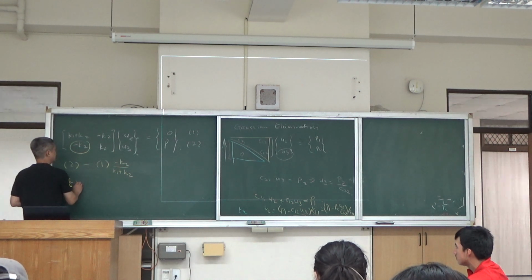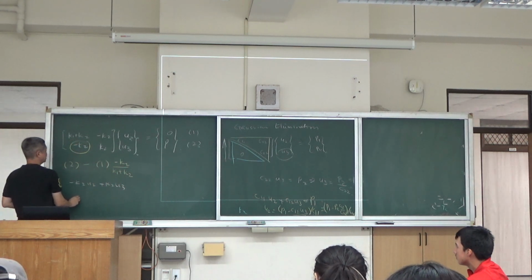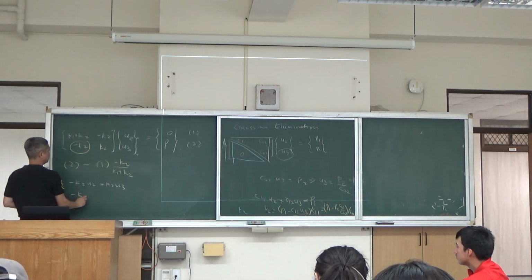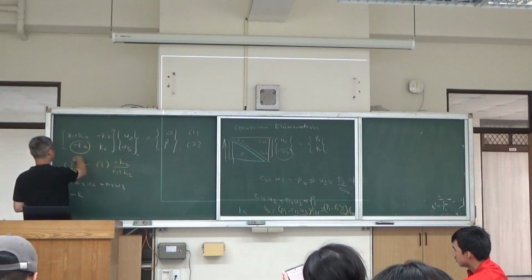Your second equation has minus k2 u2 plus k2 u3, and after you do these operations, you have this minus k2. No, I want to add it so that it's going to be 0.